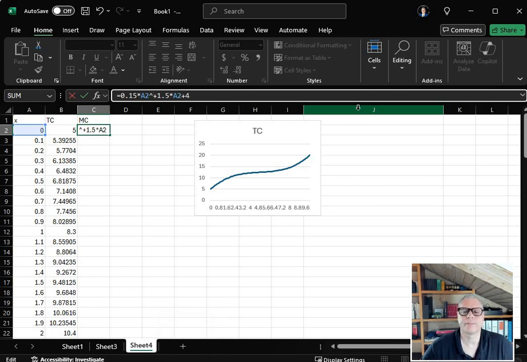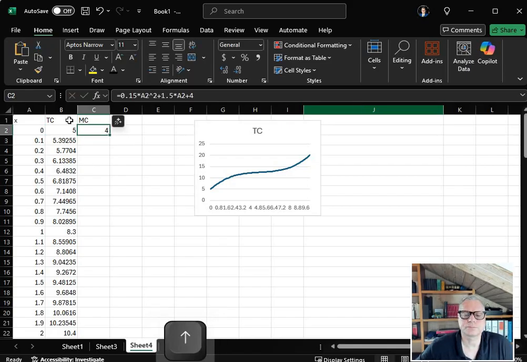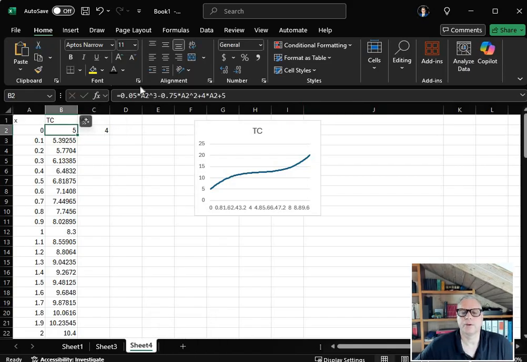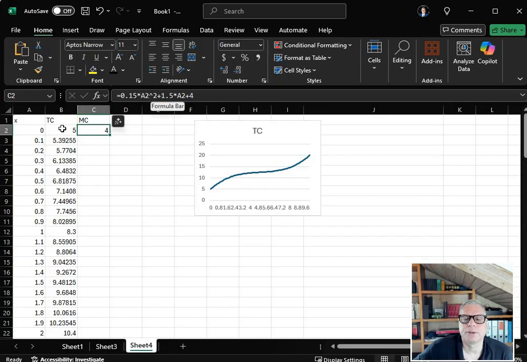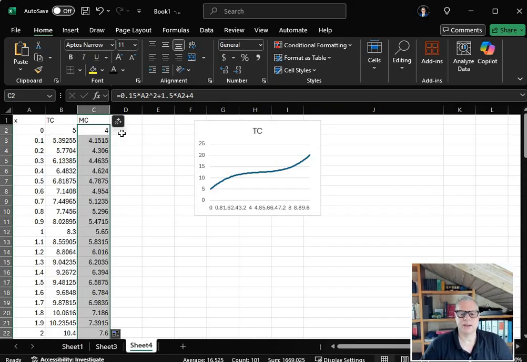Okay, the 3 goes in front. 3 times 0.05, that's 0.15 times x squared. Then 1.5 x, that's correct. And then, yeah, plus 4. Okay, good. So now we can copy that down.